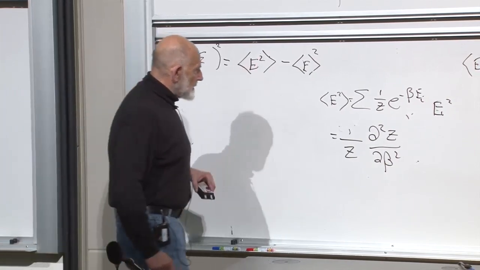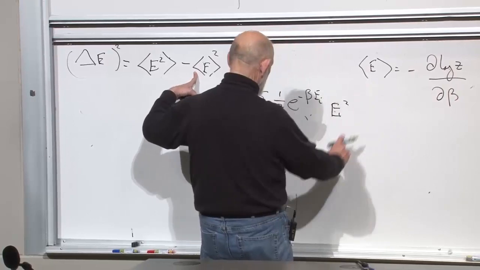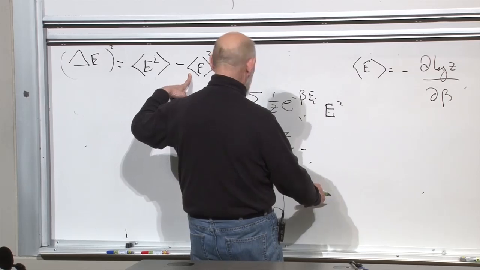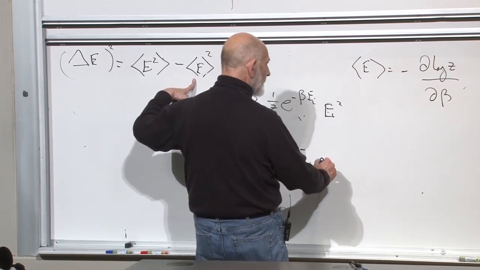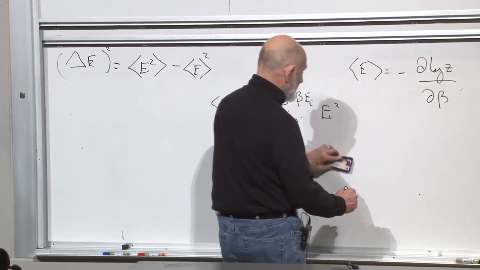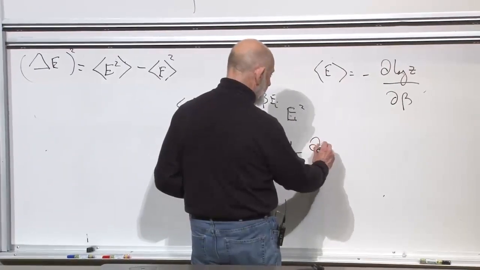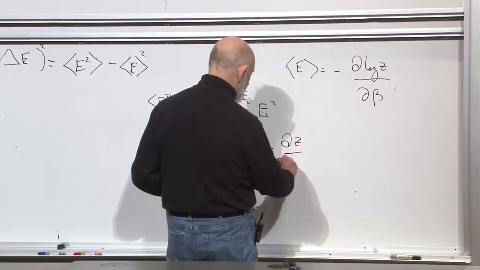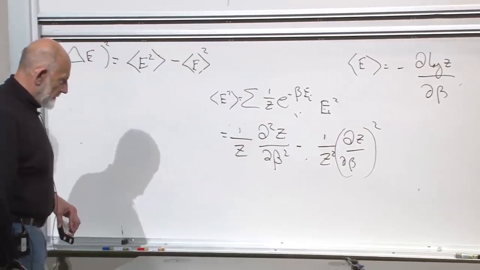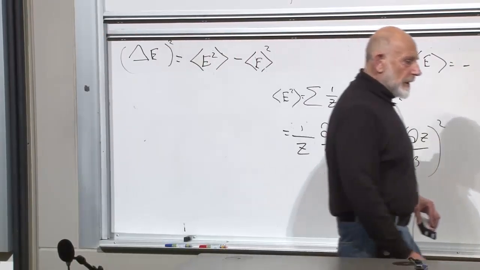And then minus, because it's squared, 1 over Z squared times dZ by d beta, squared. So this is the fluctuation in the energy.